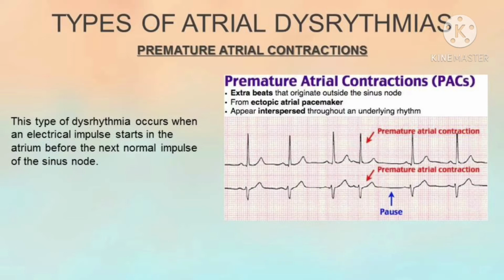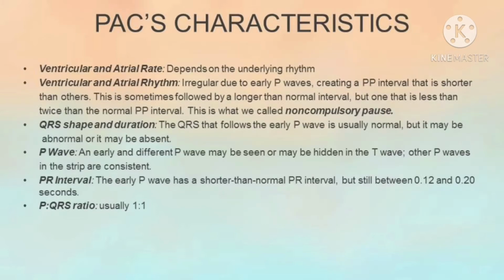Premature atrial contractions. This type of dysrhythmia occurs when an electrical impulse starts in the atrium before the next normal impulse of the sinus node. Premature atrial contractions characteristics. Ventricular and atrial rate depends on the underlying rhythm.